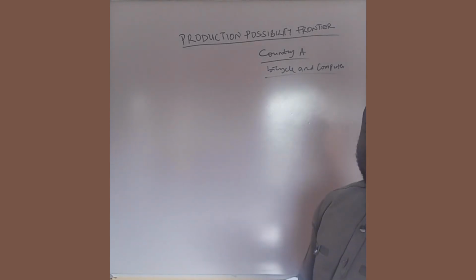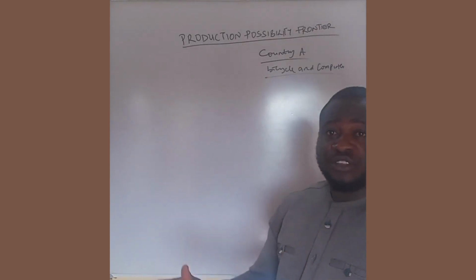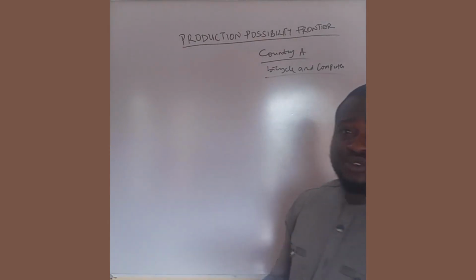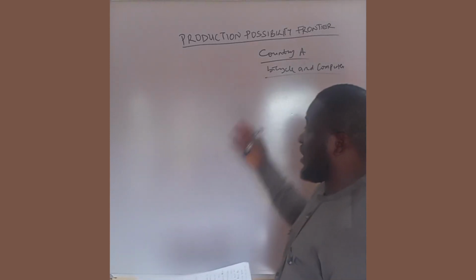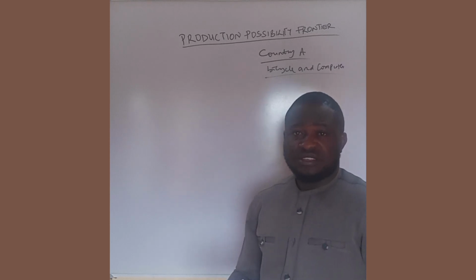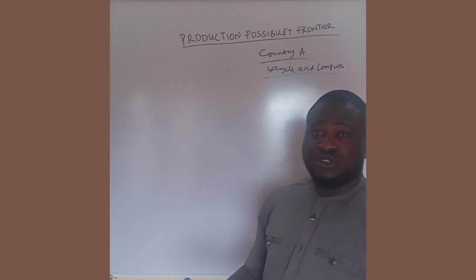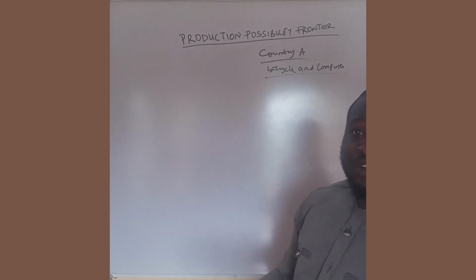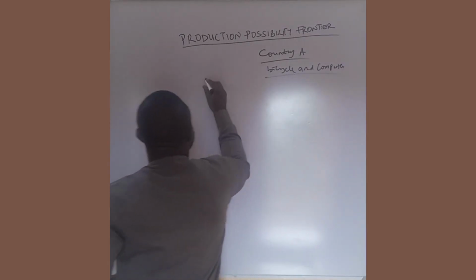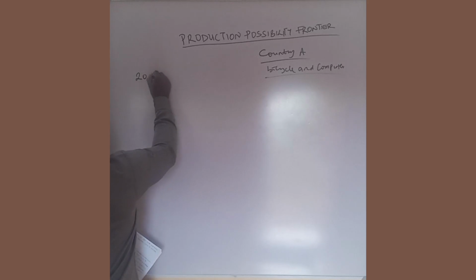Let's simply assume that country A has fixed factors of production or fixed inputs in terms of resources used in producing goods and services. To be specific, let's assume that country A has, say, 20 units of labor, 10 units of capital, and 50 units of other factors of production or other raw materials.